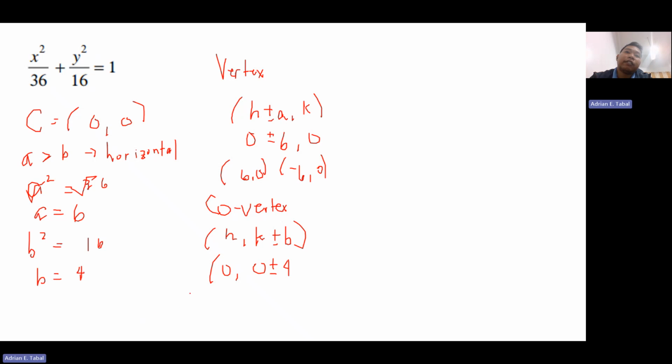So our co-vertices are 0, 4, and 0, negative 4.